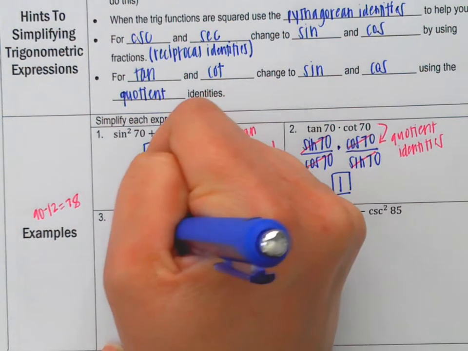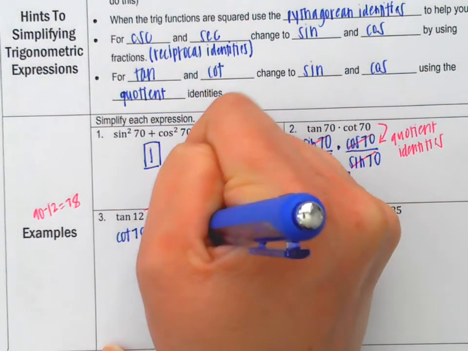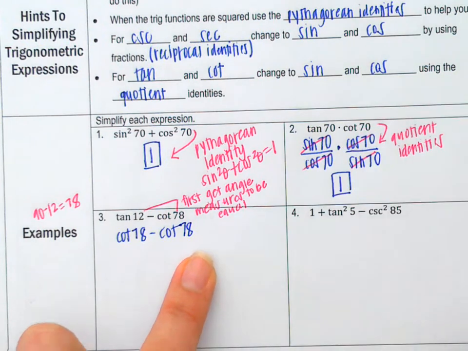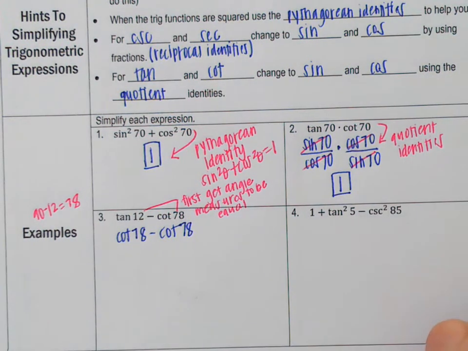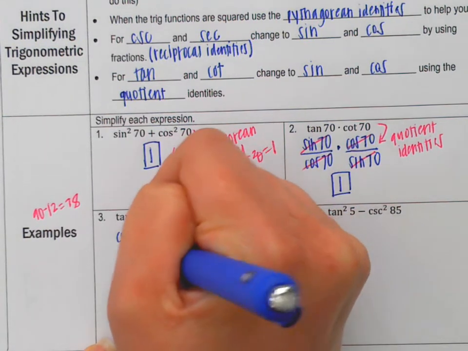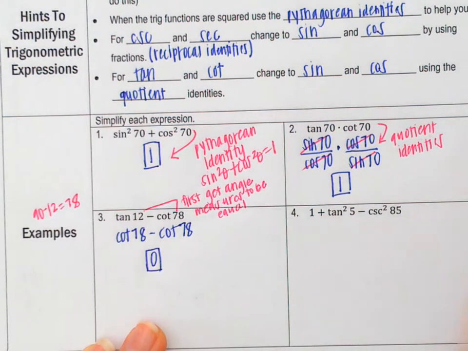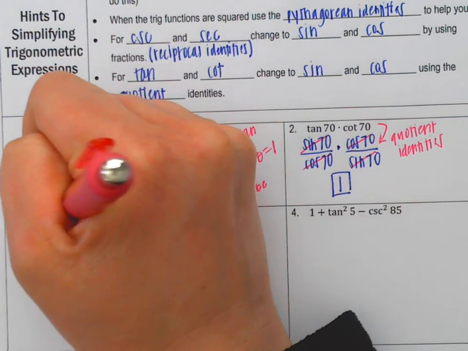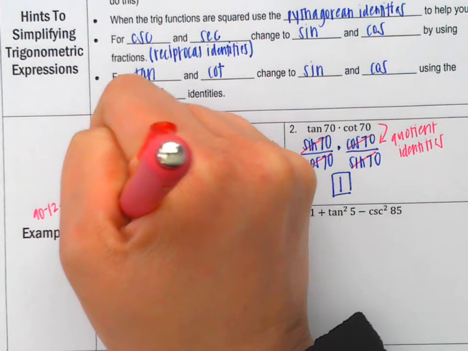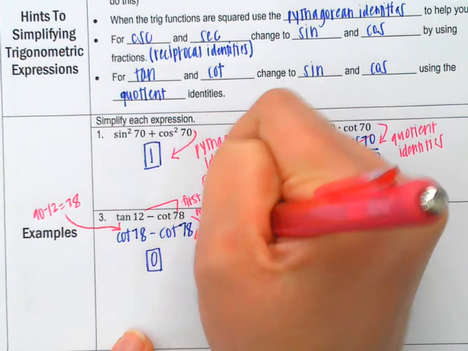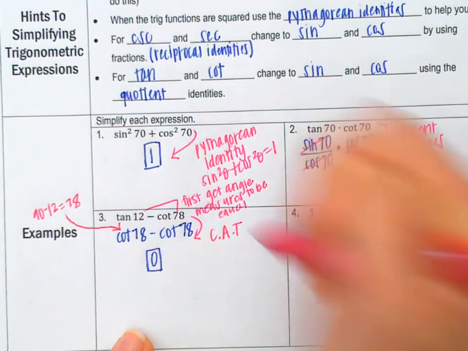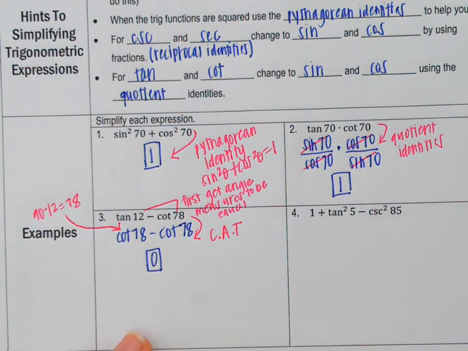Okay, and then bring that one down. And now they have the same angle measures. Well, what's cotangent 78 minus cotangent 78? Anything minus itself is 0. That's so fun, I know. Okay, so this one was applying the complementary angles theorem, and that's how we got to our final answer.